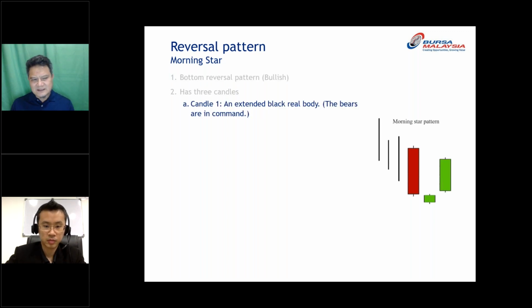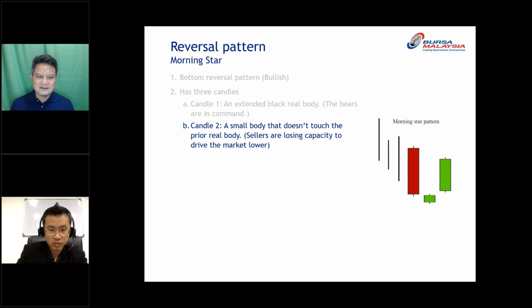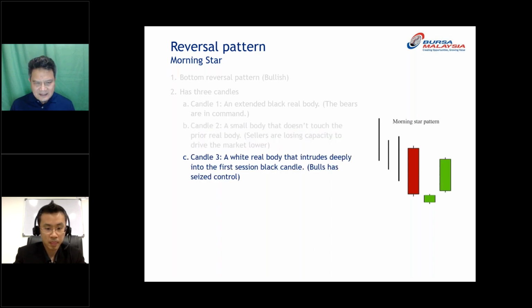The first candle is a black candle. The second candle is one that doesn't touch the body, which means it opens gap down. Okay, and the third candle is a white body, which means it goes at least deeply into the first session of the black candle, which means that the bulls have seized control.